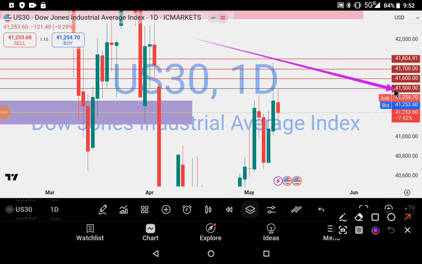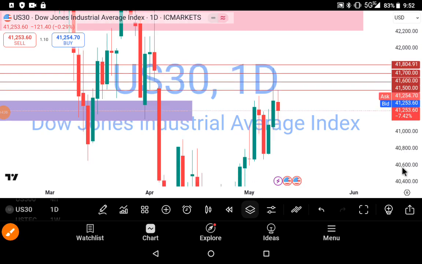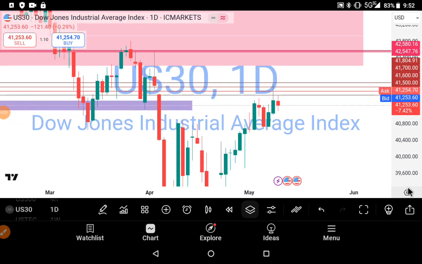Those are my levels. 41,500 should be delivered up to 41,700. Is that a coincidence? No. It's just you knowing what the market price will do before it starts its movement.